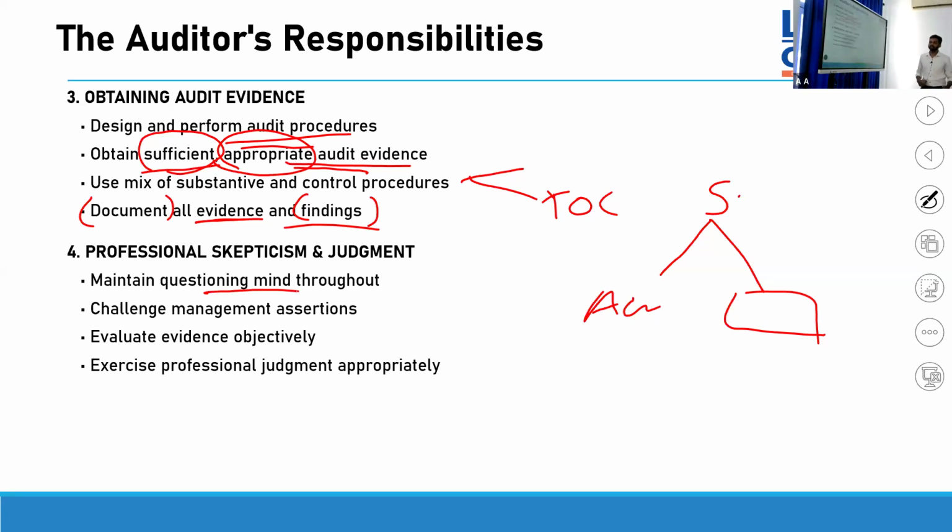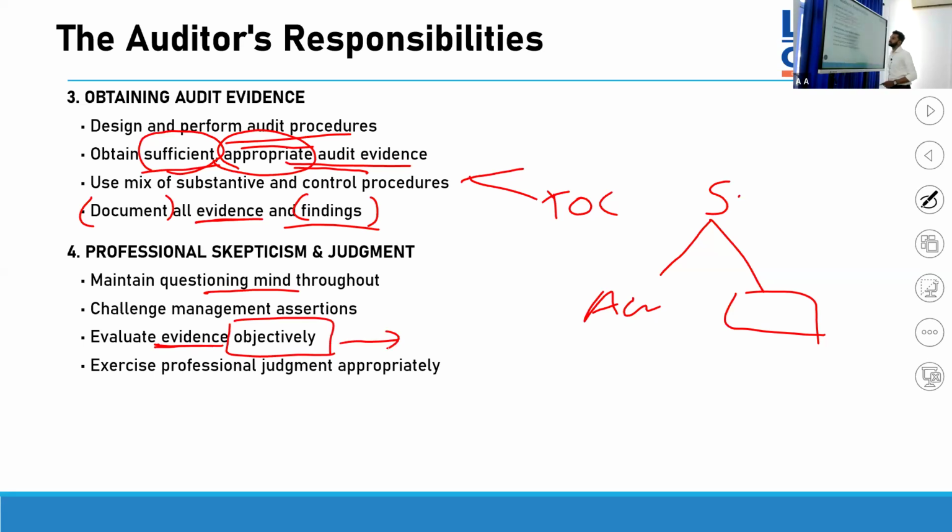You must challenge management representations. Please make sure you don't rely on the management's explanation. Make sure to gather evidence as well as challenge their assertions and decisions. Also, you must evaluate evidence objectively without any bias, right?